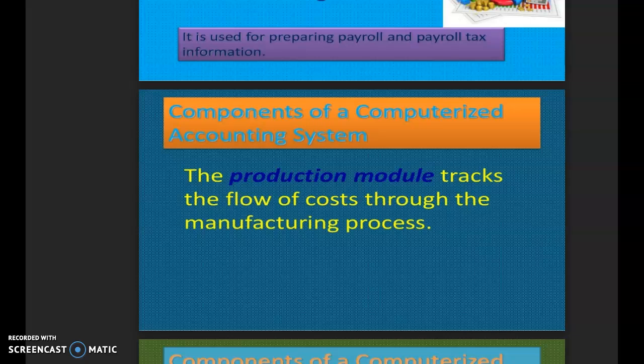So under AIS, the correct cost of production is calculated so that the manufacturer can fix the accurate selling price of their product or services. Under the production module, it tracks the flow of cost of the different items at the different stages of the manufacturing process so that the accurate selling price can be determined.